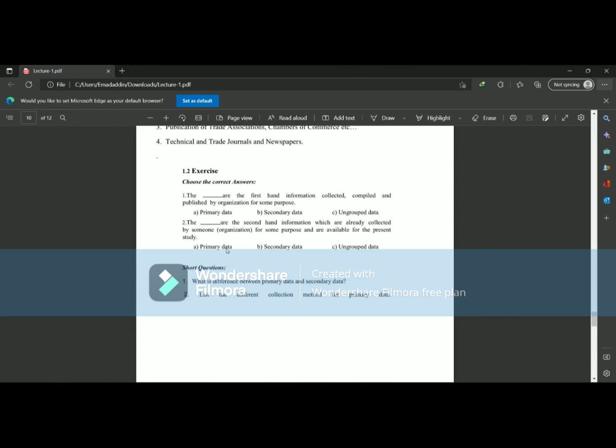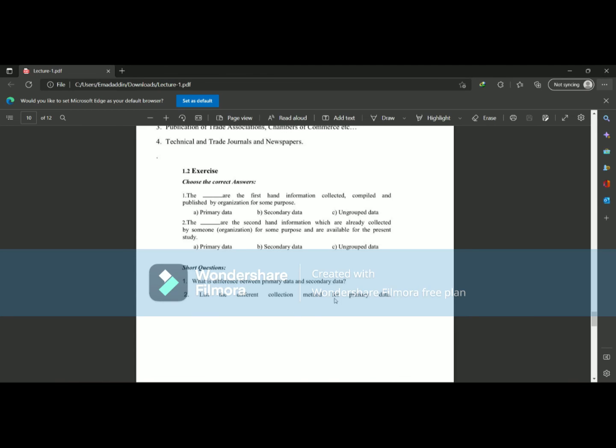There is no other organization or someone else who did that data collection. The secondary data has been collected by someone else. So the difference is that primary data is collected by the first person, while secondary data has to be collected from someone else or some other organization.